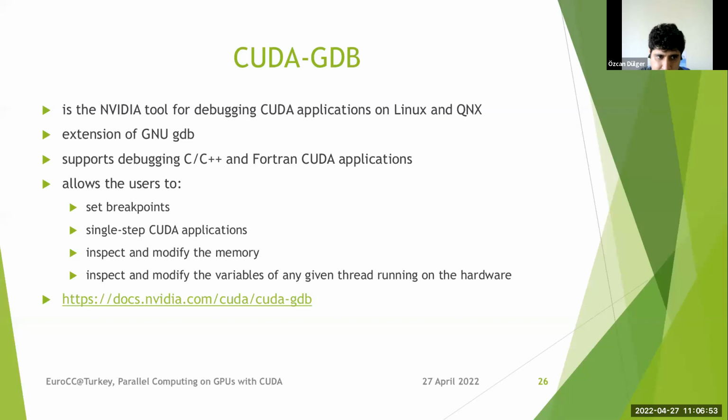CUDA GDB allows users to set breakpoints, to single-step CUDA applications, and to inspect and modify the memory and the variables of any given thread running on the GPU. I will show you examples about them. And this is the website of CUDA GDB. You can get more detailed information through this website.